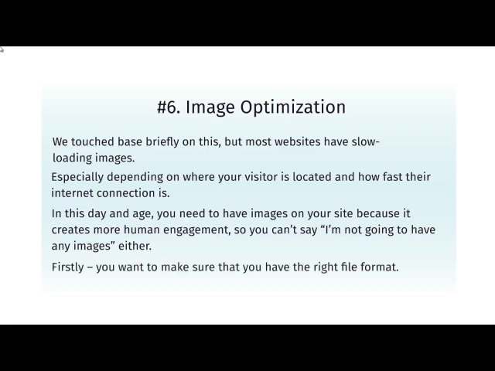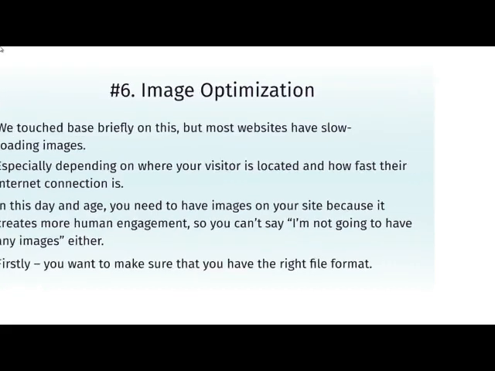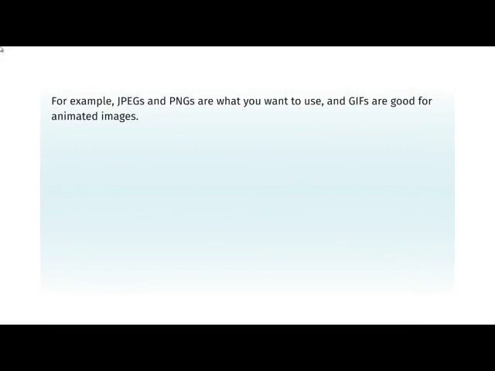One thing to keep in mind is that you want to make sure you have the right file format. For example, JPEGs and PNG files are what you want to use when putting images on your blogs, on your WordPress site, and all that.